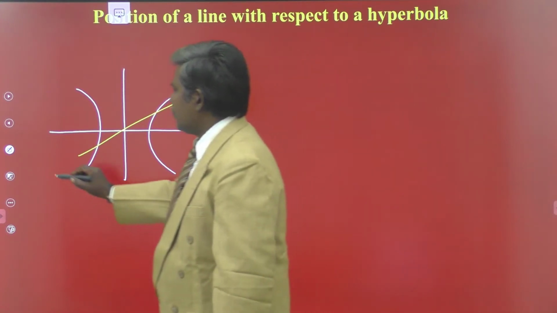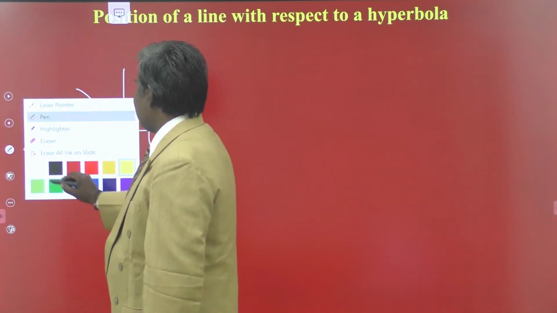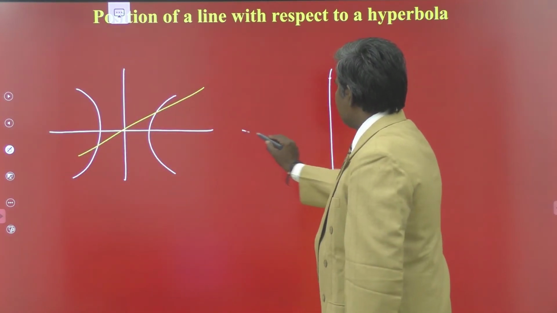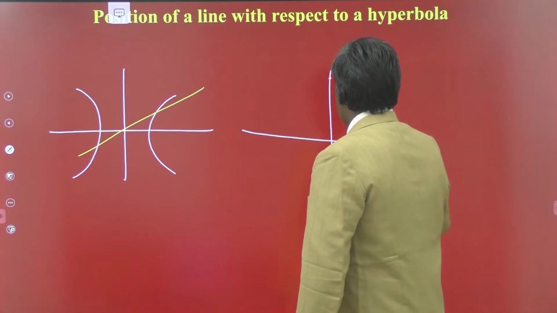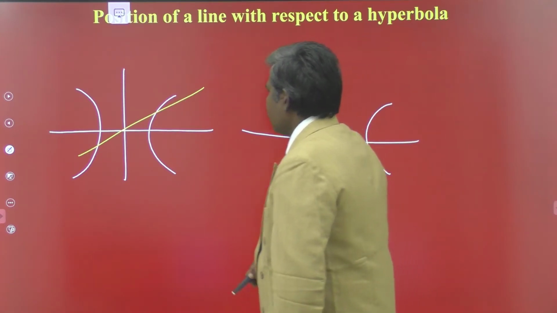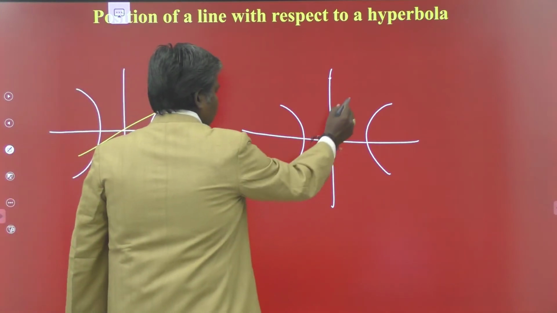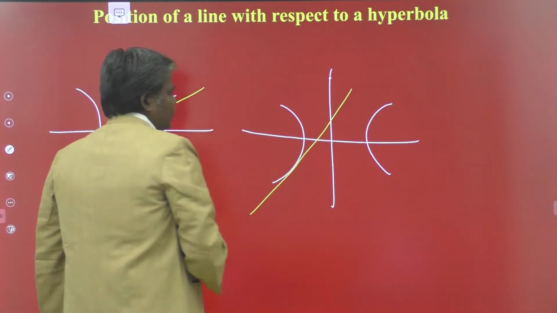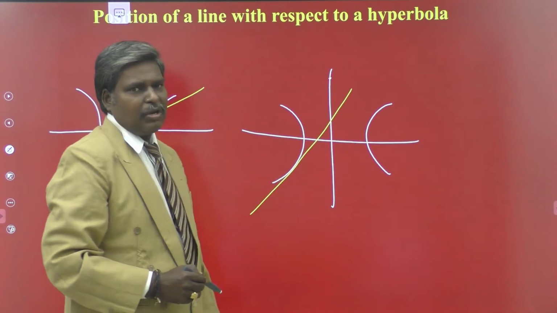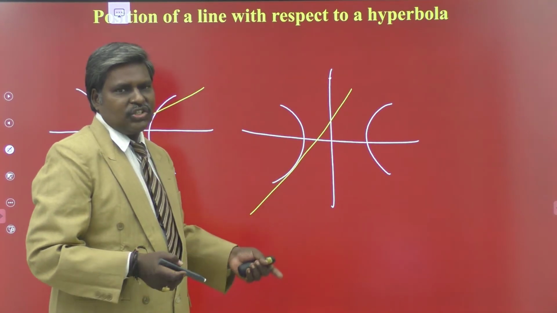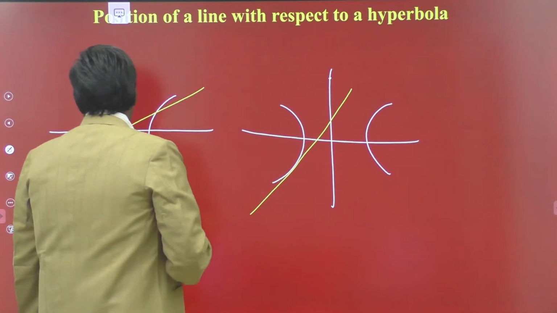Sometimes your line may touch the hyperbola. Suppose this is your hyperbola, and your line touches the hyperbola. Sometimes the line neither touches nor intersects the hyperbola.